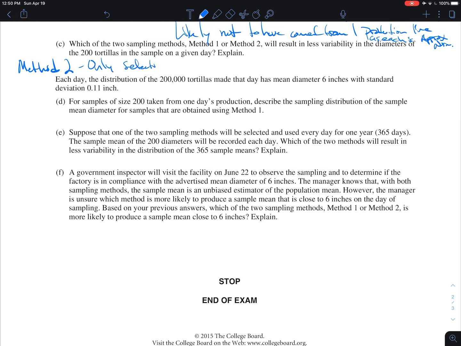Only selecting one production line will result in less variability. So that was method 2.